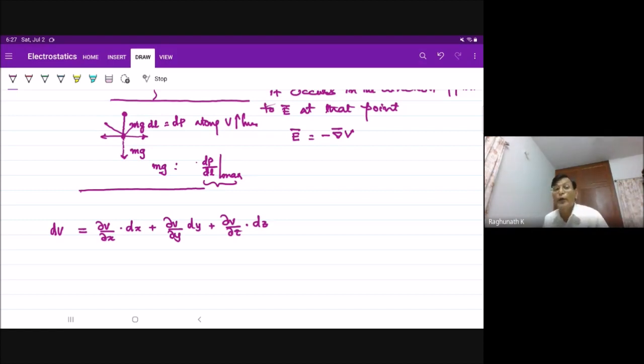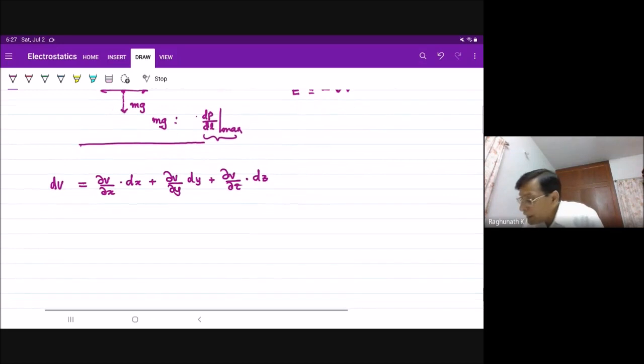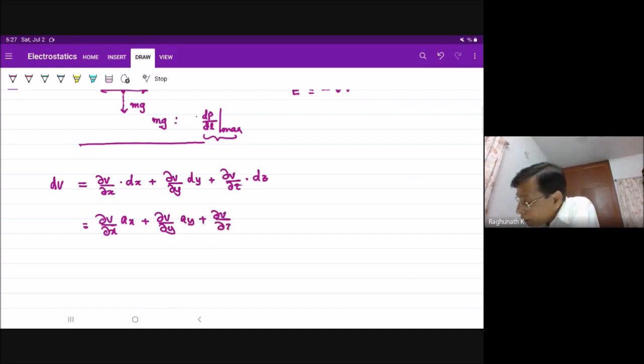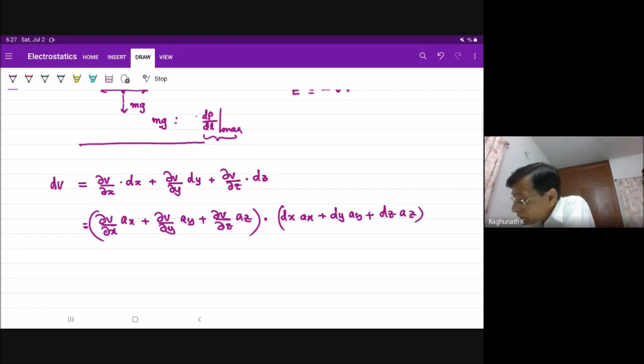This can always be written as, carefully see this, dou V by dou x ax plus dou V by dou y ay plus dou V by dou z az dot dx ax plus dy ay plus dz az. You agree with this?